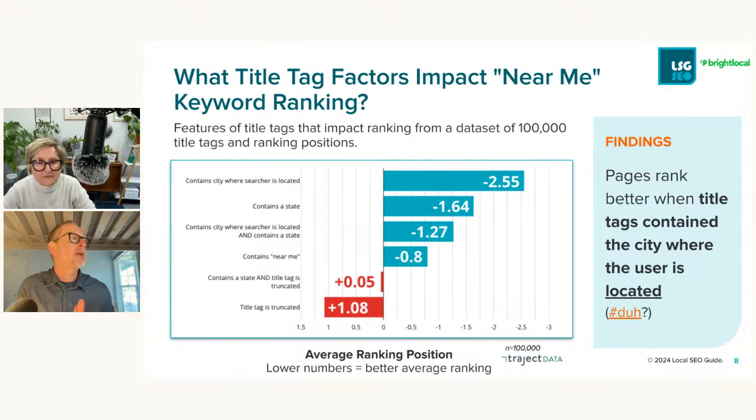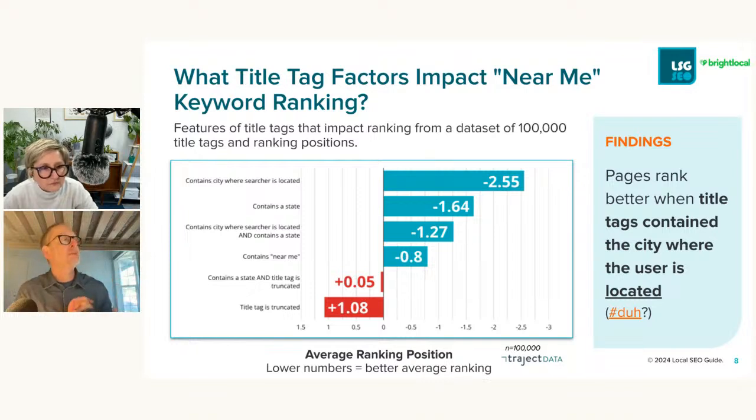Here's what we found. The bluish, tealish color in the negative is a sign of significance. The lower the number, the more significant it is. Crazy way statistics work. You don't have to read all these, but basically the factors that correlate with a site ranking for near me are a bunch of geographic things in the title tags.